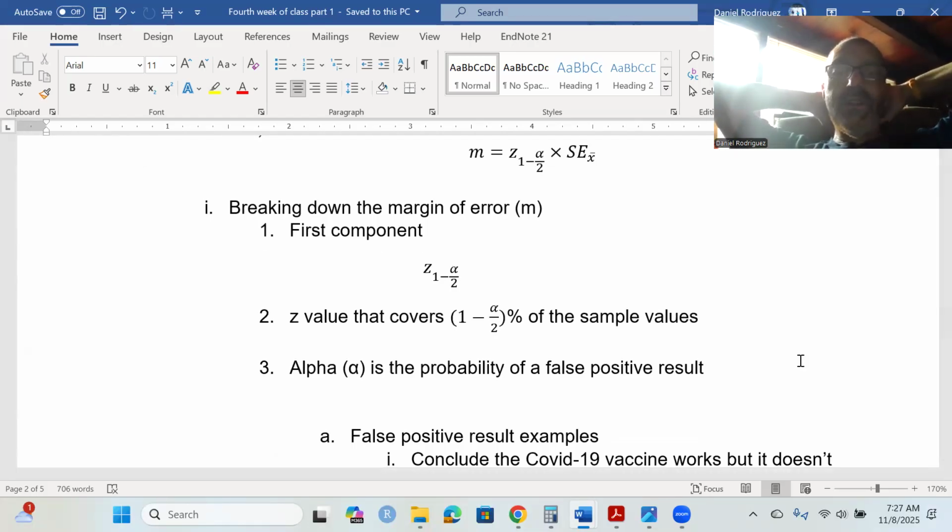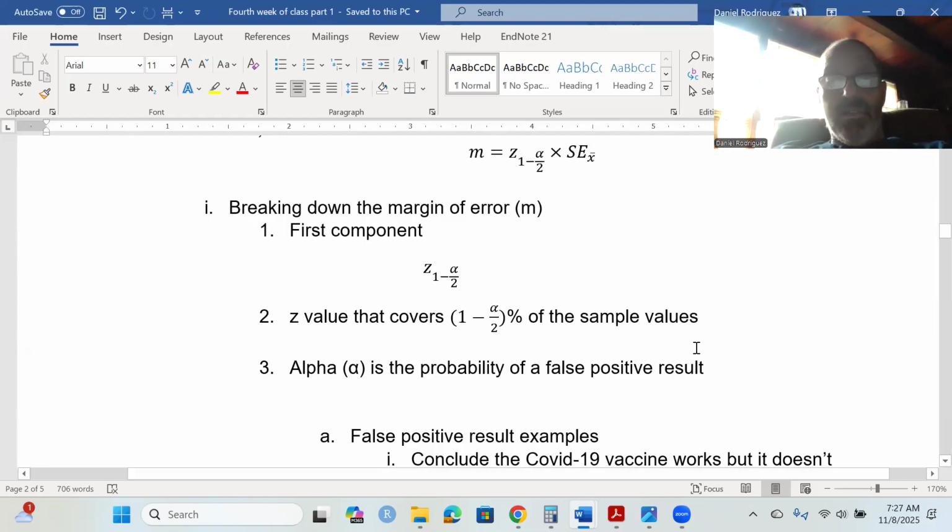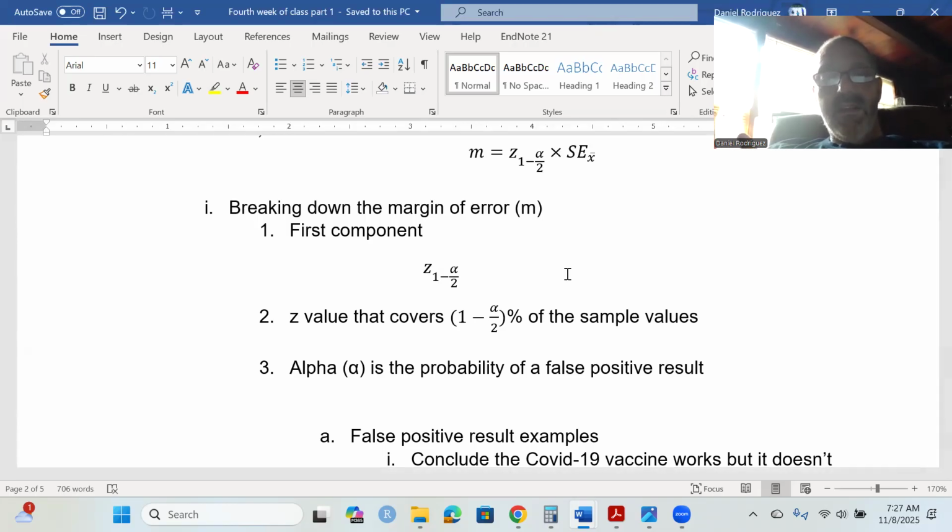When I teach epidemiology, I just tell my students, we're going to do a 95% confidence interval. I ignore this calculation because it can confuse some people. For you all, I will have you do it. I'll limit it to more practical examples, either 90, 95, or 99% confidence intervals.